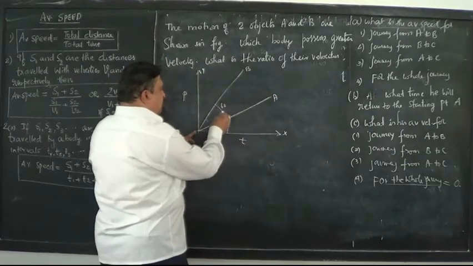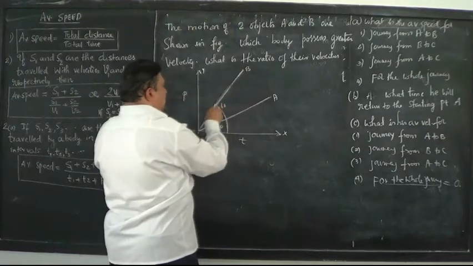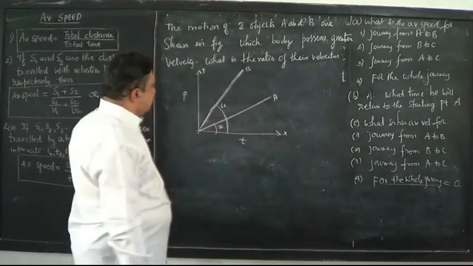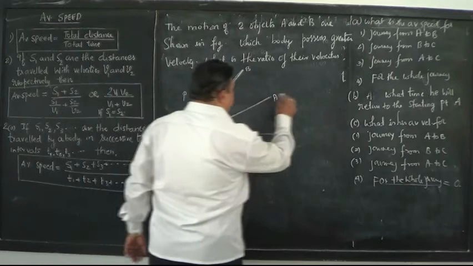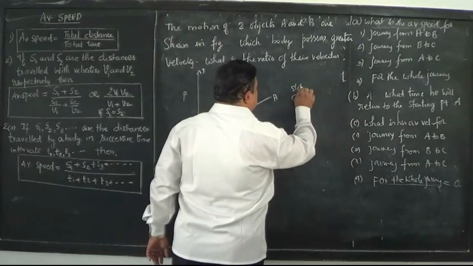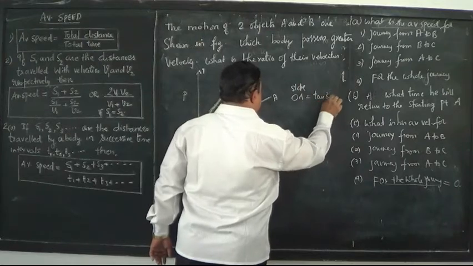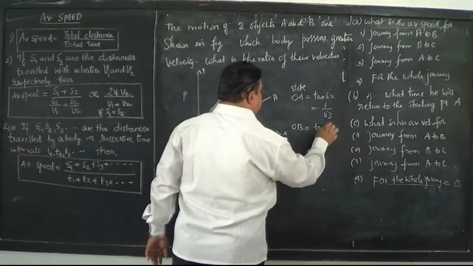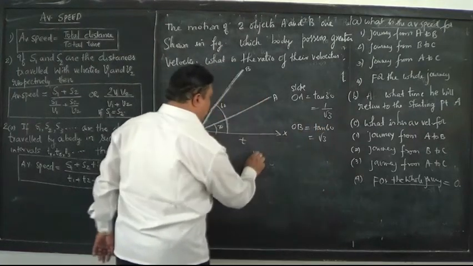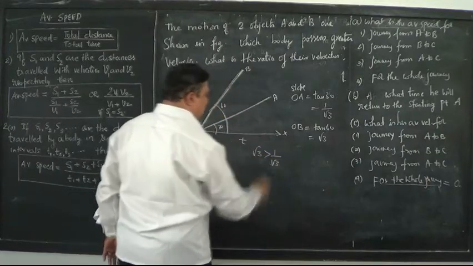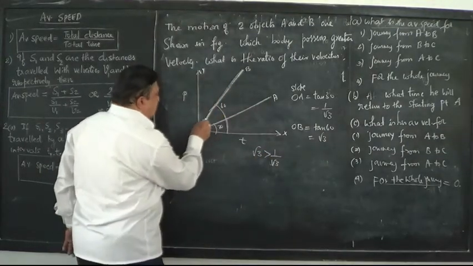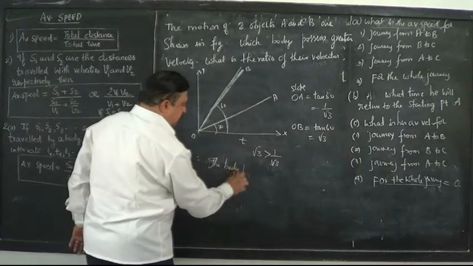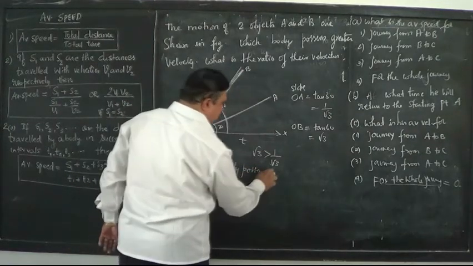So whichever has the greater slope, that body possesses greater velocity. Here, the slope of line OA is tan 30, which is 1 by root 3, and the slope of line OB is tan 60, which is root 3. Root 3 is greater than 1 by root 3, therefore body B possesses greater velocity.